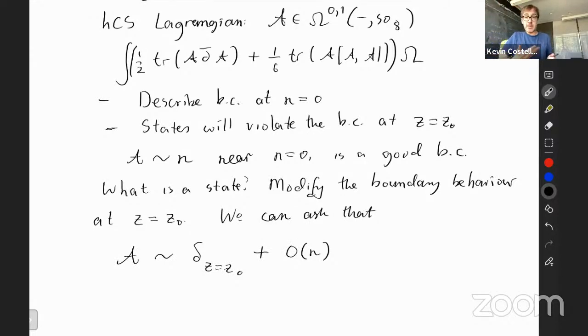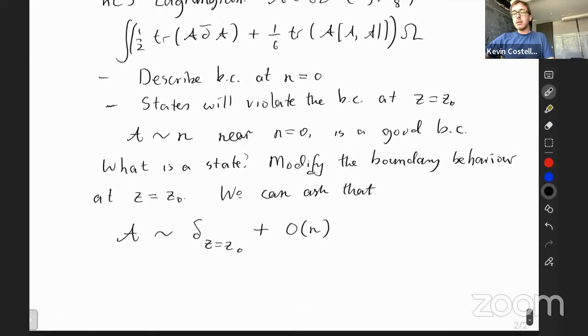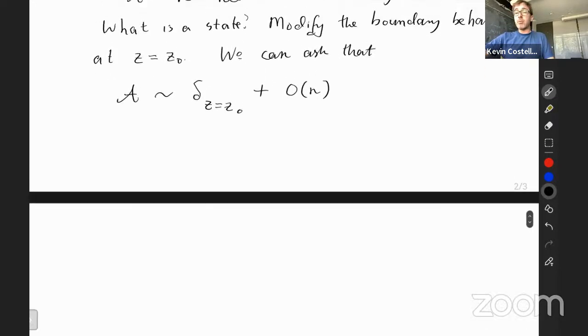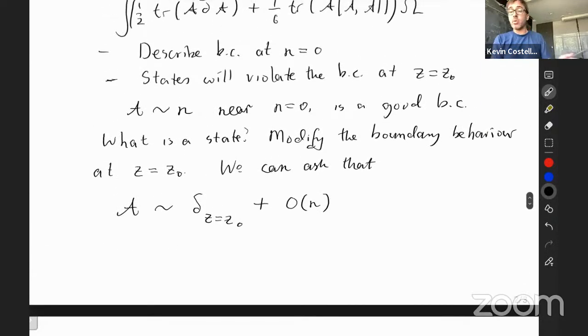This is going to be the simplest, lowest lying state. In a moment, I will match these with the states in the chiral algebra.